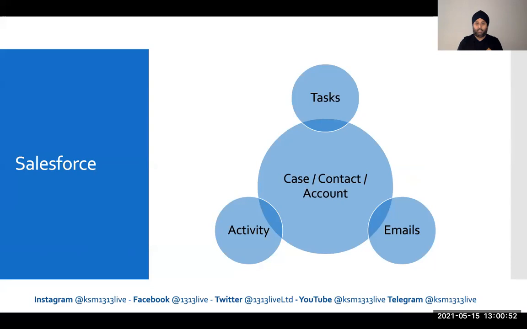So here it is. You can see in the middle we have case, contact, and account. They're very, very common objects and pages on Salesforce. Case is for creating a case. Contact is any contact like a client contact, business contact, billing contact, or supplier contact.